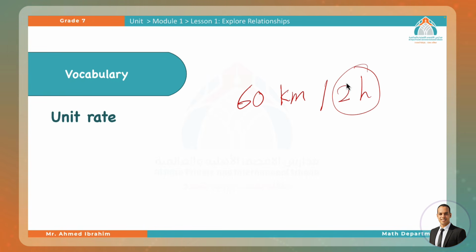In order to be a unit rate, we need it for just 1 hour, for 1 unit. So 60 kilometers in 2 hours is the same as 30 kilometers per hour. Per hour here means for just 1 hour, for just 1 unit. So we can call 30 kilometers per hour a unit rate.